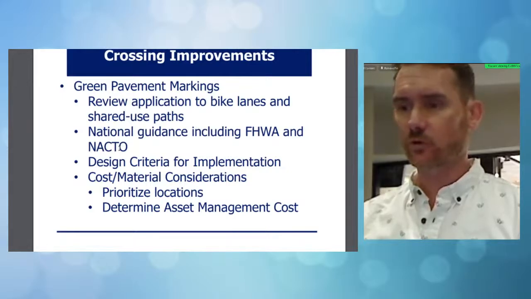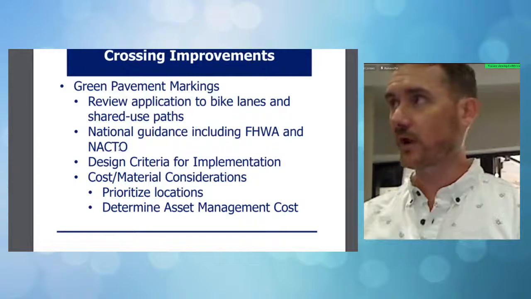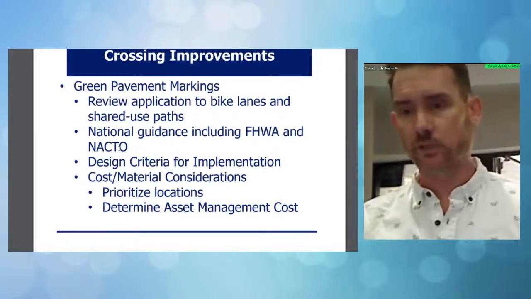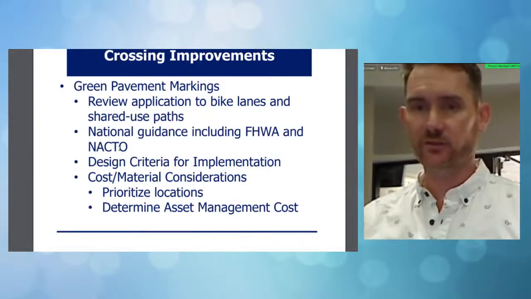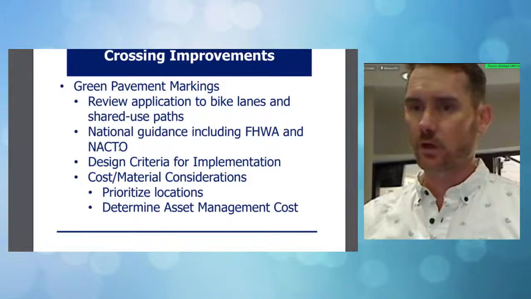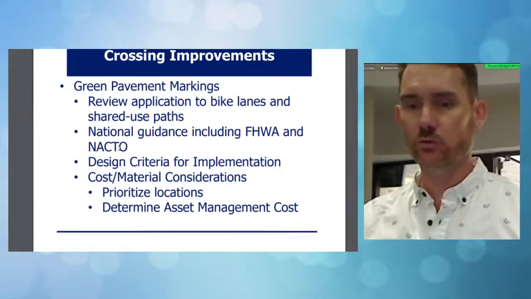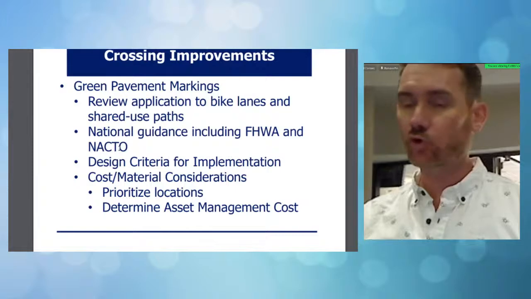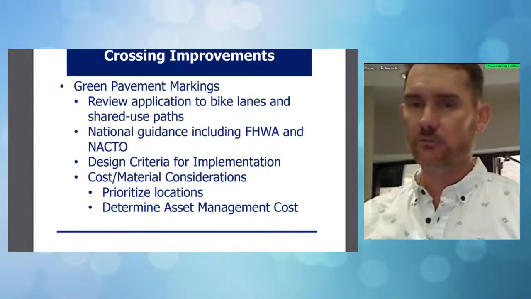So that's one of the things that we're pushing for with our asset management program for any markings, whether it's lane lines, crosswalks, but I think this green pavement marking project will be important as well to help prioritize the funds that we have to putting in the new improvements and then maintaining those. So we don't currently have any guidance on that.